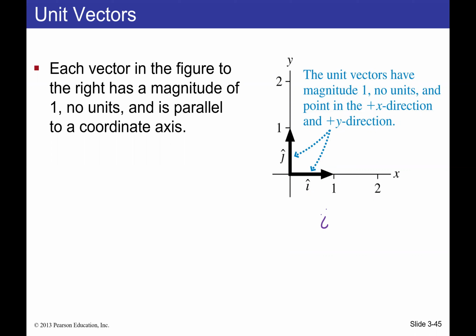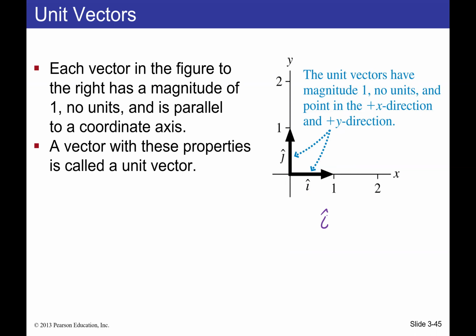We label this I hat, and this I hat is a vector pointing only in the positive x direction with a magnitude of one. So each such vector has a magnitude of one, no units, and is parallel to a coordinate axis. A vector with this property is called a unit vector.